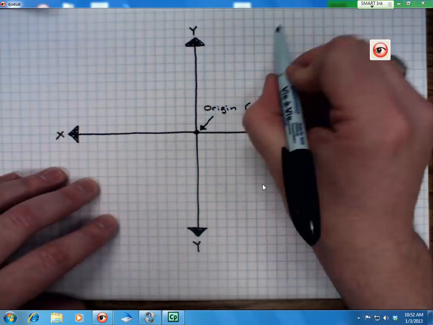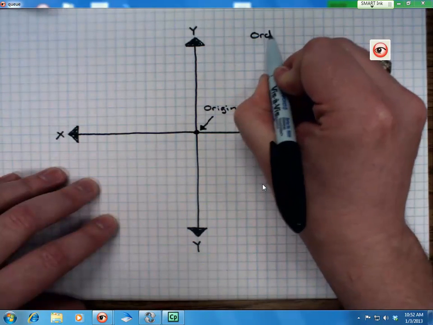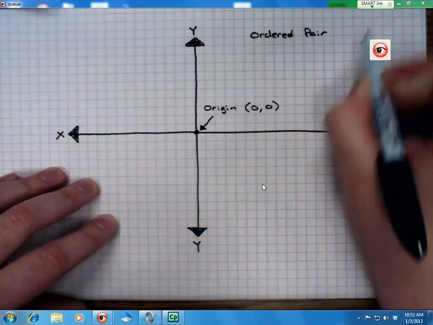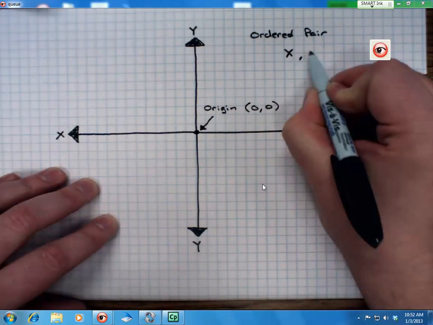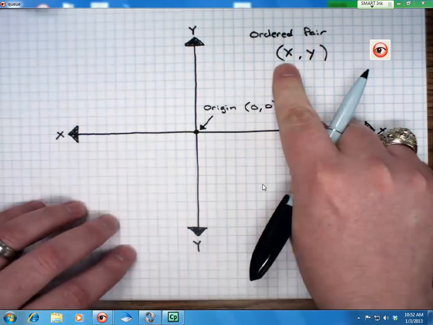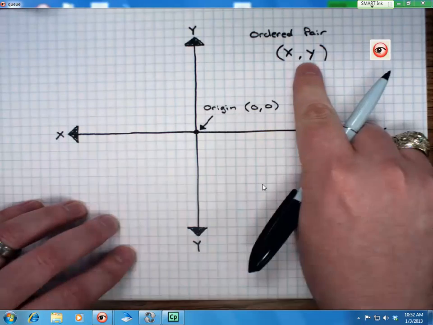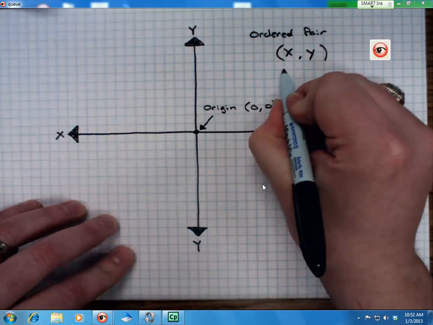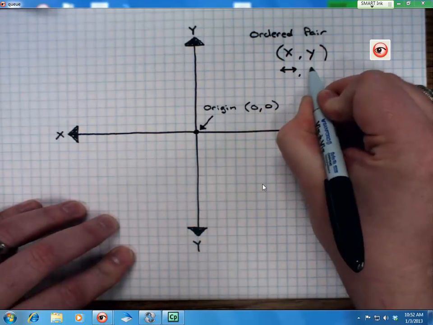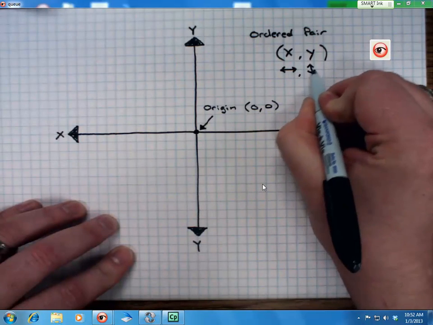But your ordered pair is always going to be your x followed by your y. Okay? Remember, we always go x before y, and y to the sky is what some of you might have learned in the past. Which means we have to go left and right first, then we go up and down.